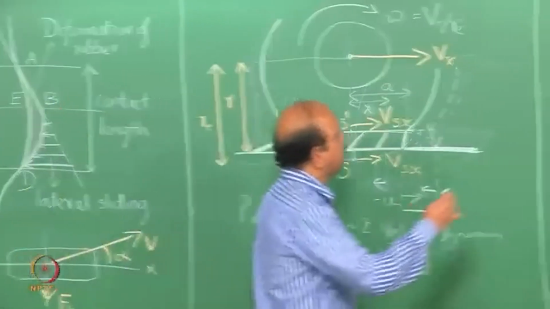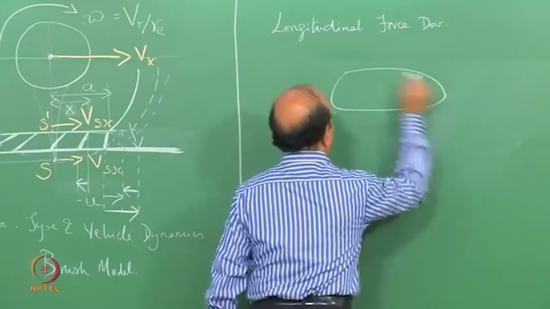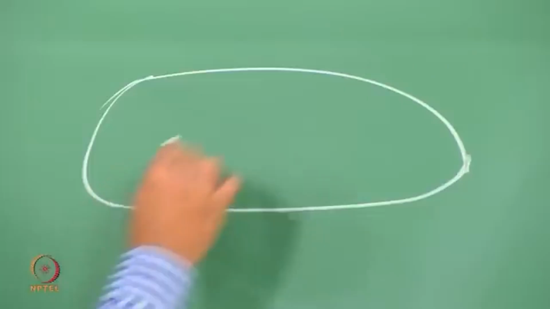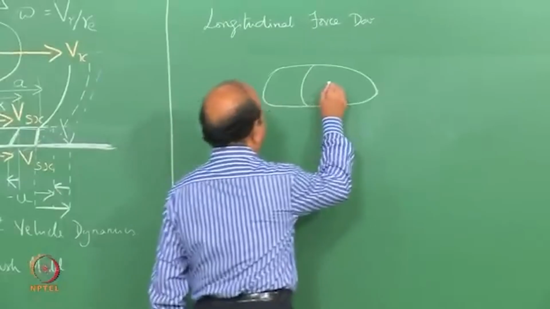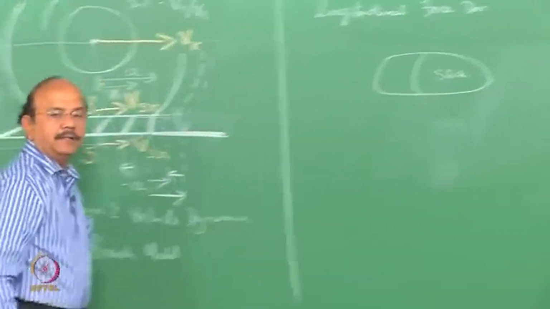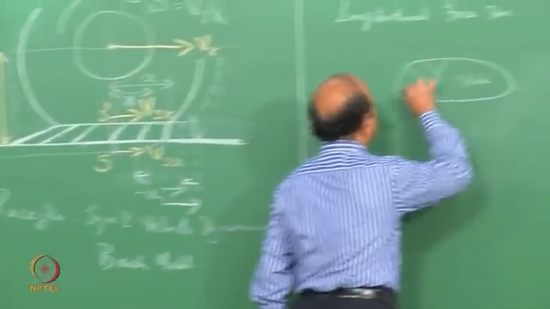In other words, if this were the contact patch, then there is a region where the tire is going to stick to the ground, and this is a region where it's going to slide.